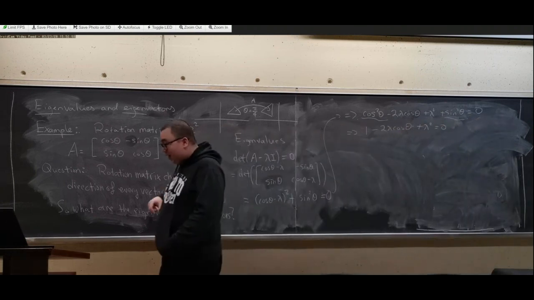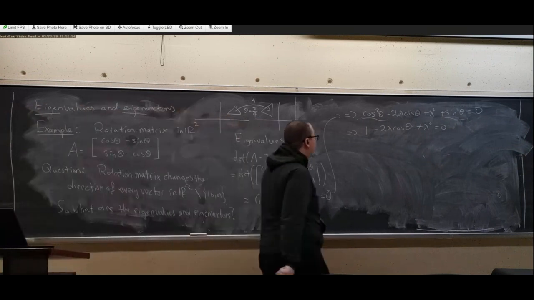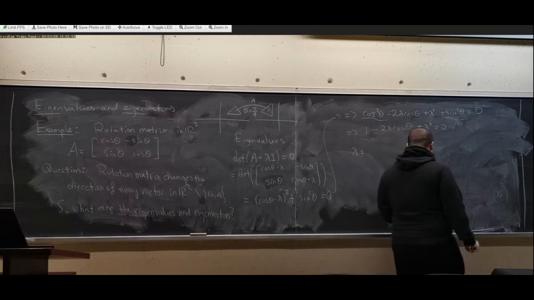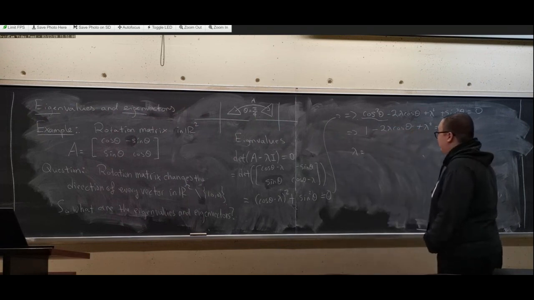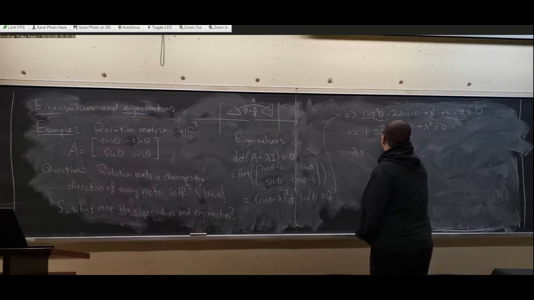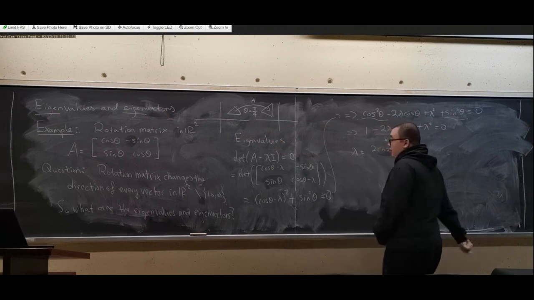So from this point on, we have to use our old friend, the quadratic equation. So lambda equals minus b. So this is b, right? So minus b, which is 2 cosine of theta. This is our b.